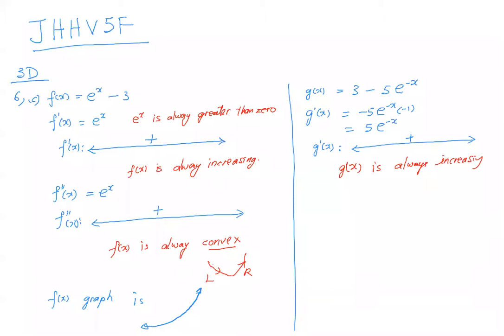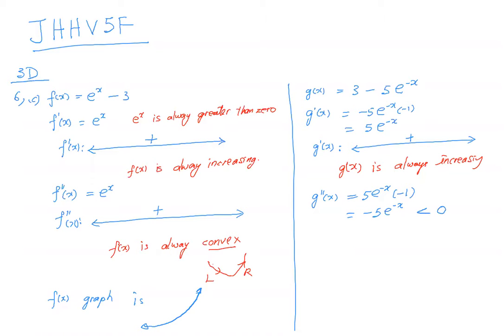Okay. So from here, one by one first, g double prime x. It will be 5, copy down the whole thing, times the derivative of the power. So you have a negative 5 e to the power negative x. So this is always less than 0.